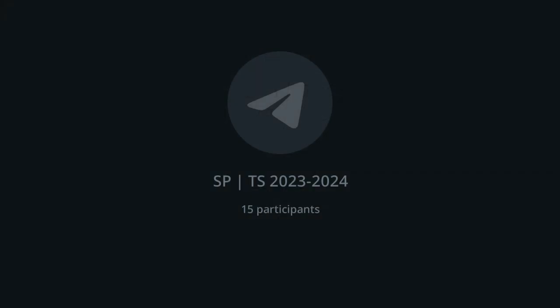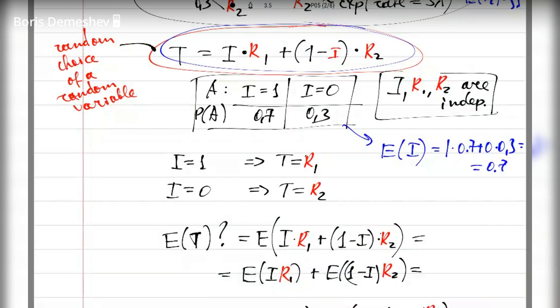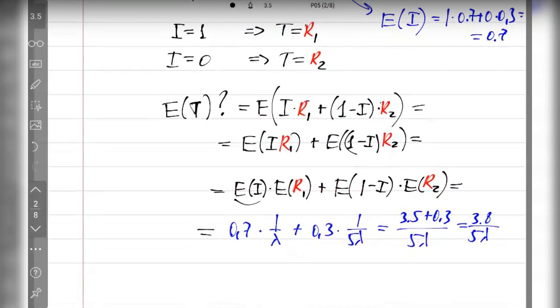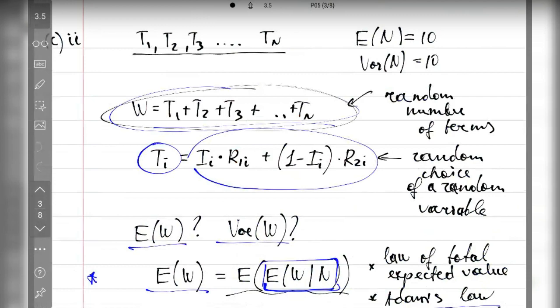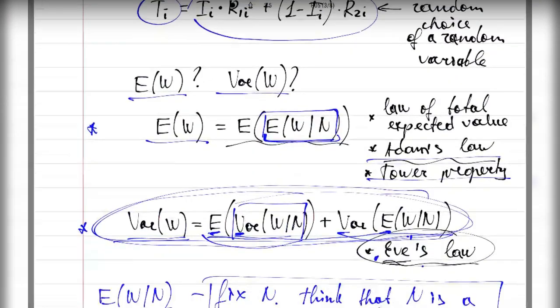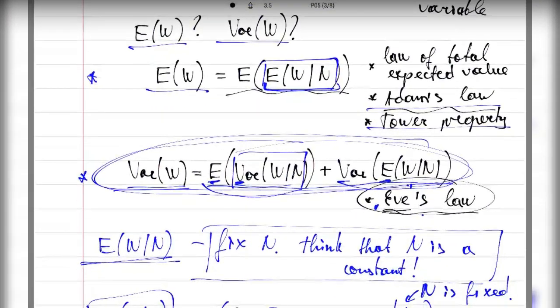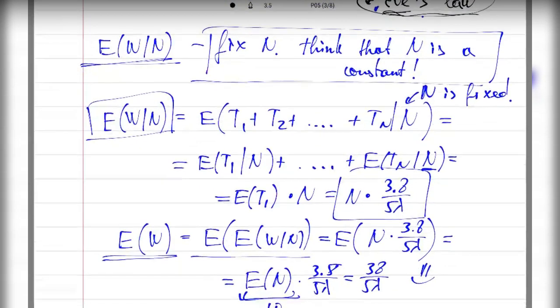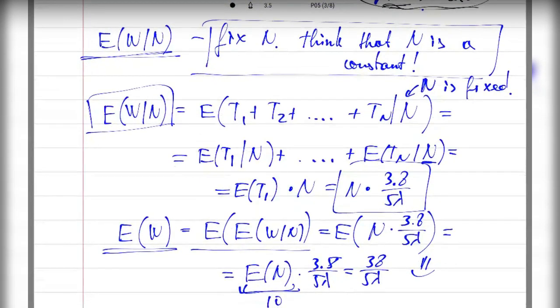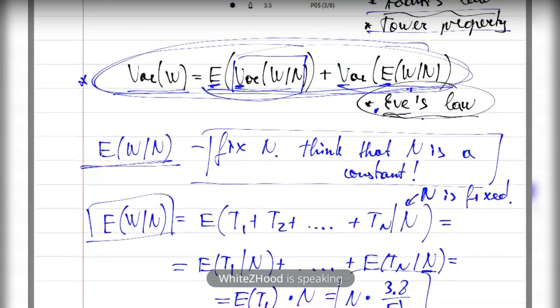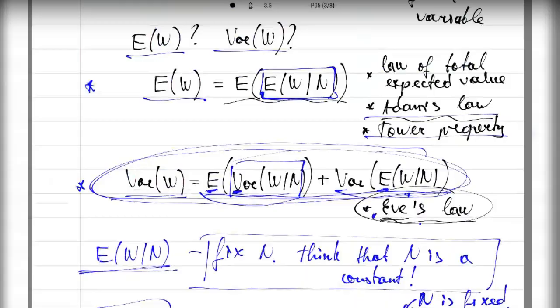That's random choice of a random variable. No, it's like when v given n. Exponential v given n, it's lower. Yeah, this one. Figure that n is a constant. Do I understand that this is like function t of t multiplied by n?